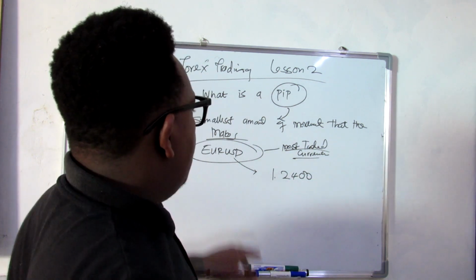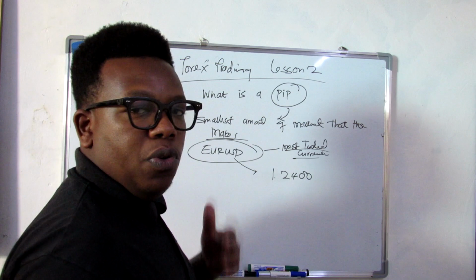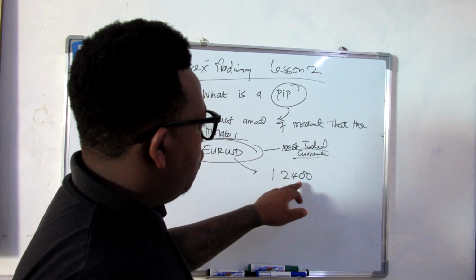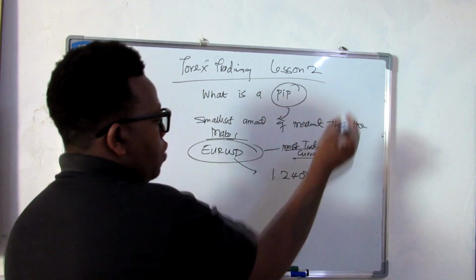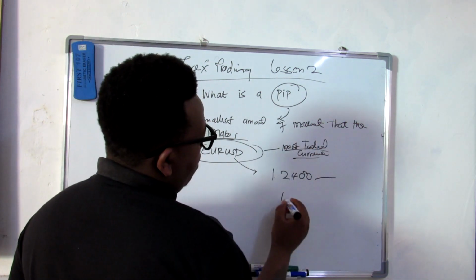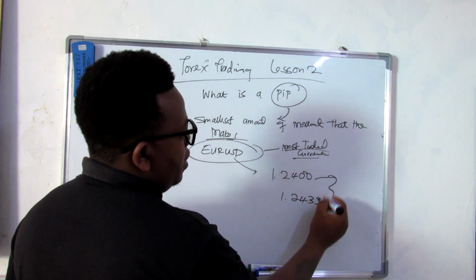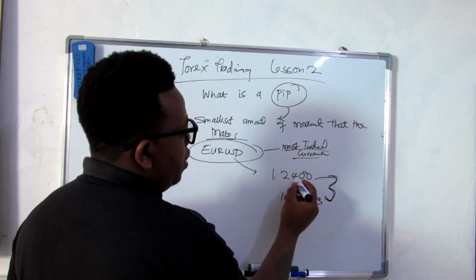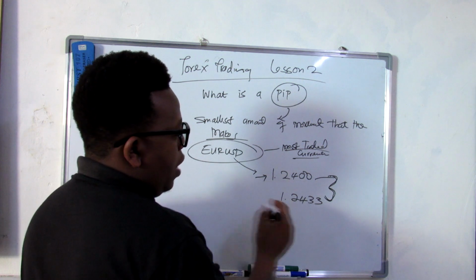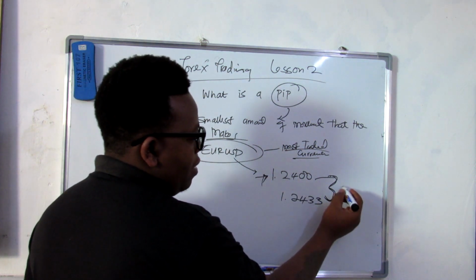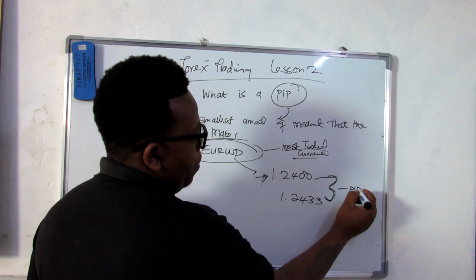And then you realize this market with time, since it keeps moving each and every time, you notice the market has moved from 1.2400 to something like 1.2433. So this difference in between, the movement between the initial market position to the current one, this difference is what we call the pip.